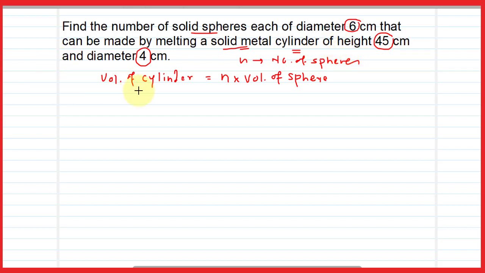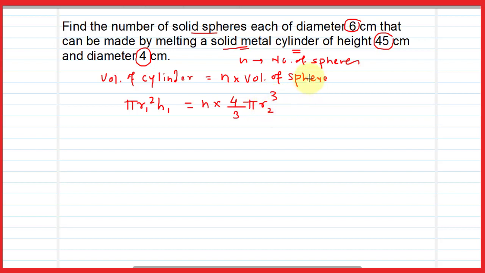and so volume of cylinder is what? It will be pi R1 square H1, where R1 is the radius of the base of the cylinder and H1 is the height of the cylinder, which is equal to N, the number of spheres that we have got after melting the solid cylinder, multiplied by volume of sphere, that is 4 by 3 pi R2 cube.